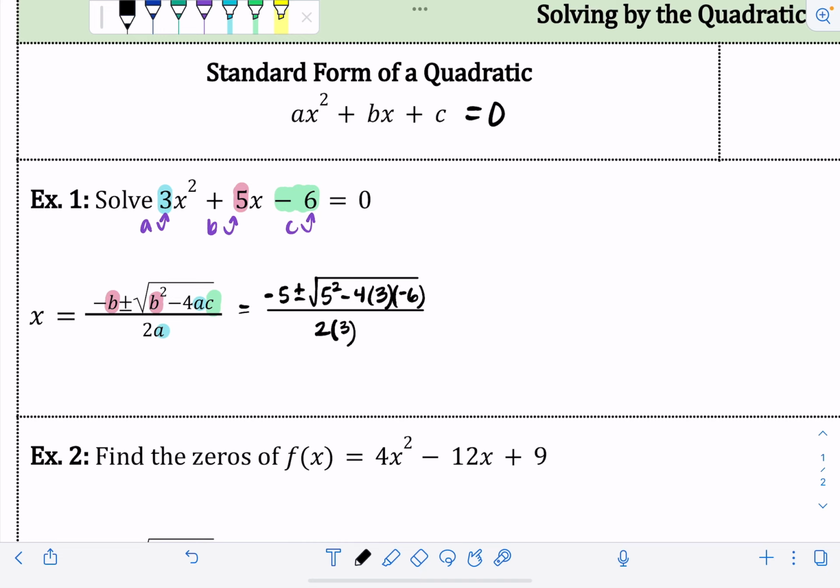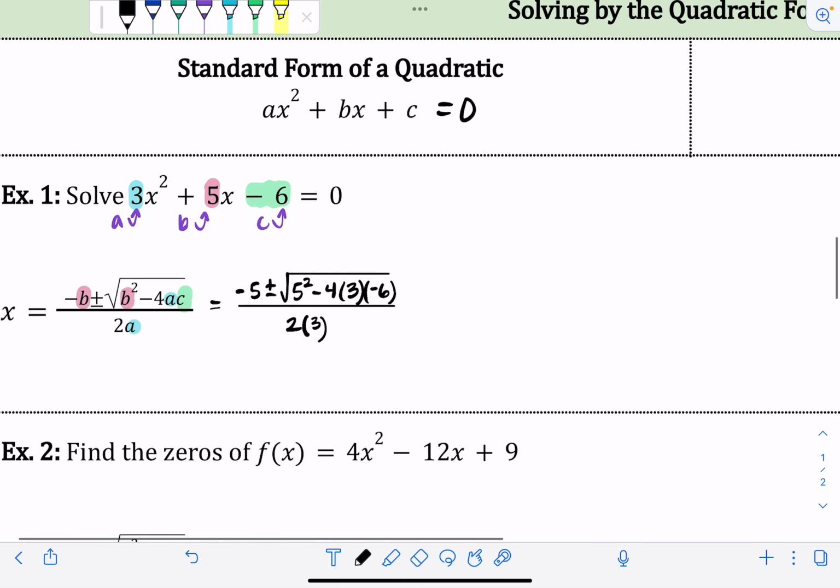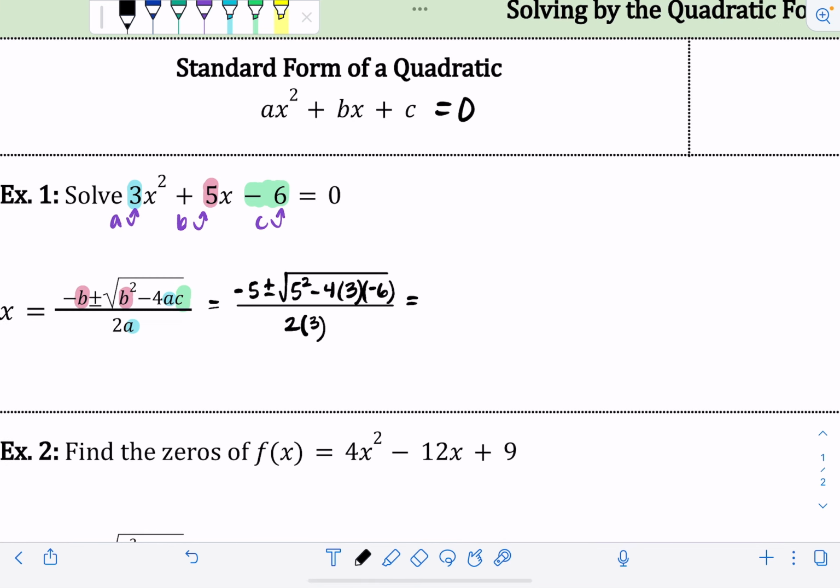And then I'm going to keep going, start to simplify what's inside my radical for the most part. So -5 first, and then plus or minus the square root of, so 5 squared, that's 25. And this next part specifically is where most people make their mistakes.